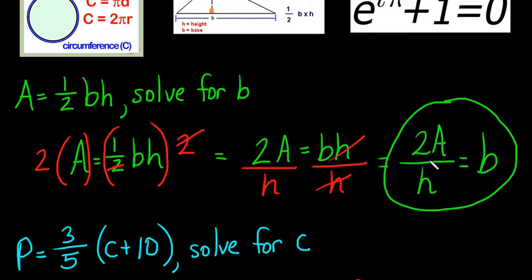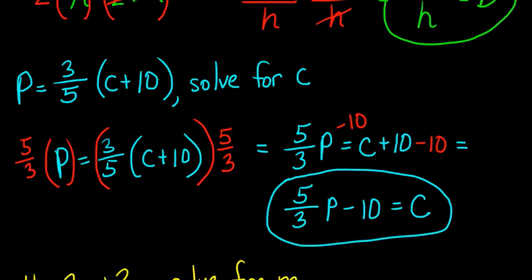That one was good. We actually had one number in there. All right, here's another example. This one's in my favorite blue color. I tried to show you what I did in red. This equation is P equals 3/5 times C plus 10, and you're asked to solve for C. The first thing I noticed was that I've got a fraction multiplied by C plus 10. So I can get rid of that fraction by multiplying by its inverse.